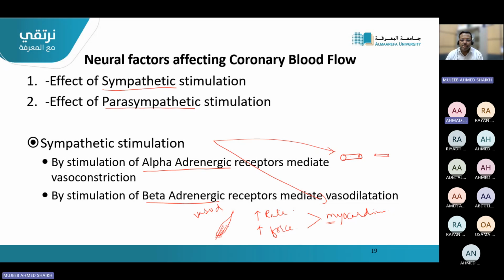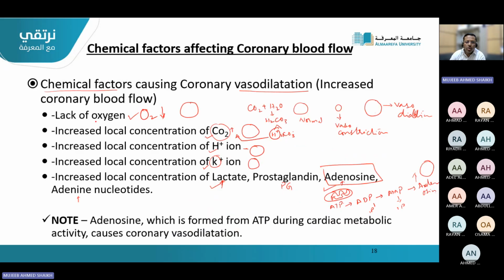What will happen if the muscle increases the rate and force? Yes, increased rate and force will lead to all these things: more utilization of oxygen, more accumulation of CO2, more formation of H ions, more potassium, more lactate formation, more adenosine. So what will happen?